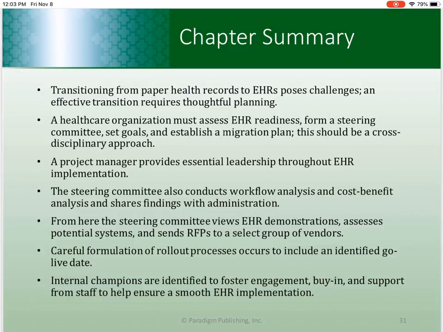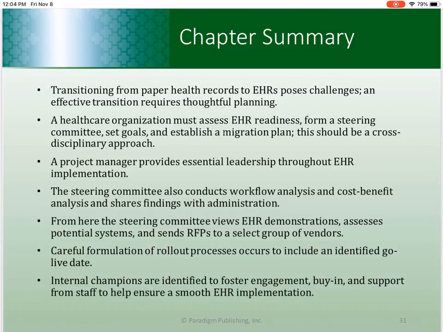The committee should also conduct workflow analysis for each area of the organization and prepare a cost-benefit analysis to present to the administration. The return on investment should be calculated to determine the benefit or gain of the investment in the EHR system. Once these initial steps have been taken, the steering committee should then review potential vendors based on the organization's criteria.